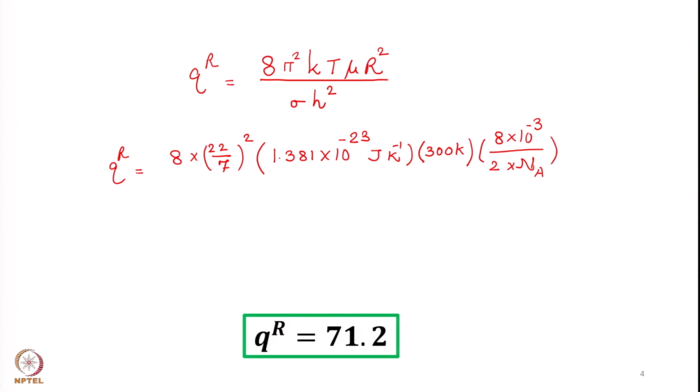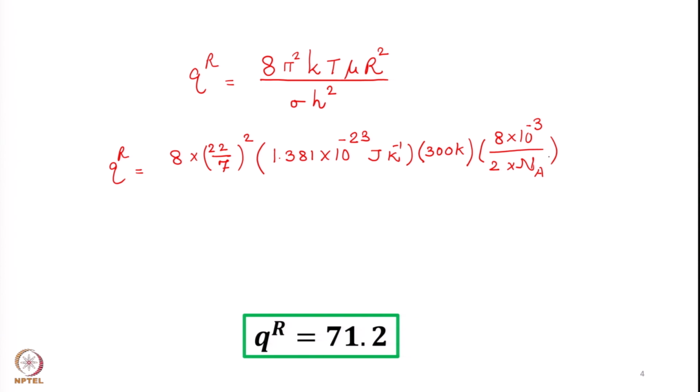So half m, 8 into 10 raised to the power minus 3 to convert into kg per mole, divided by the Avogadro constant, where you are converting it into per molecule or per atom.